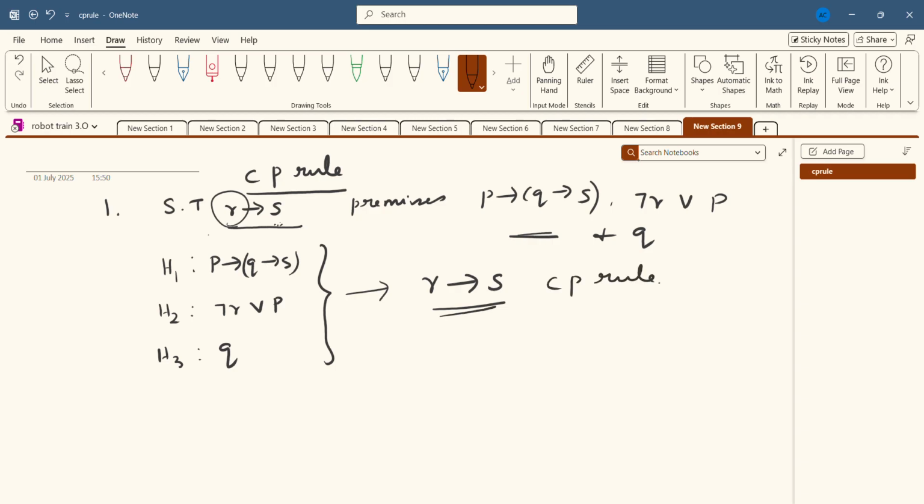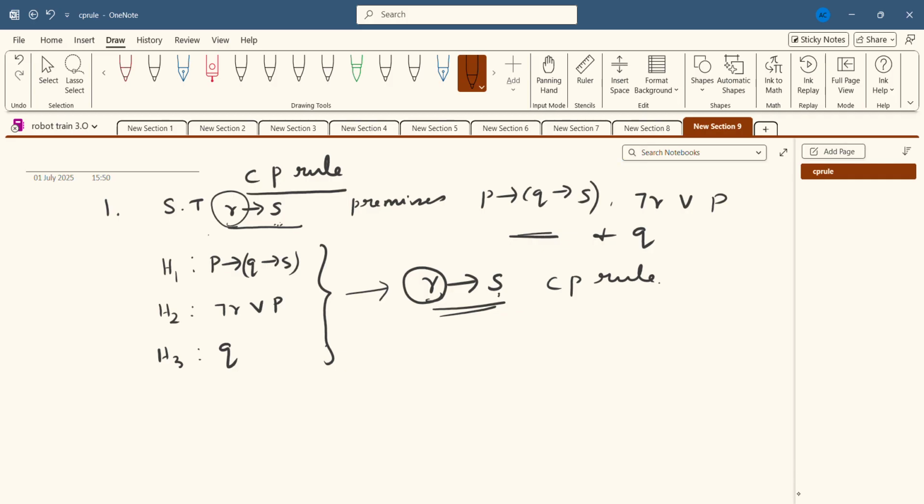So already you know that the CP rule means a formula S can be derived from another formula R and a set of premises, then R conditional S can be derived from the set of premises alone. Here the conclusion is conditional, so take R as the additional premise and derive S using the given premises and R. So this is the rule.